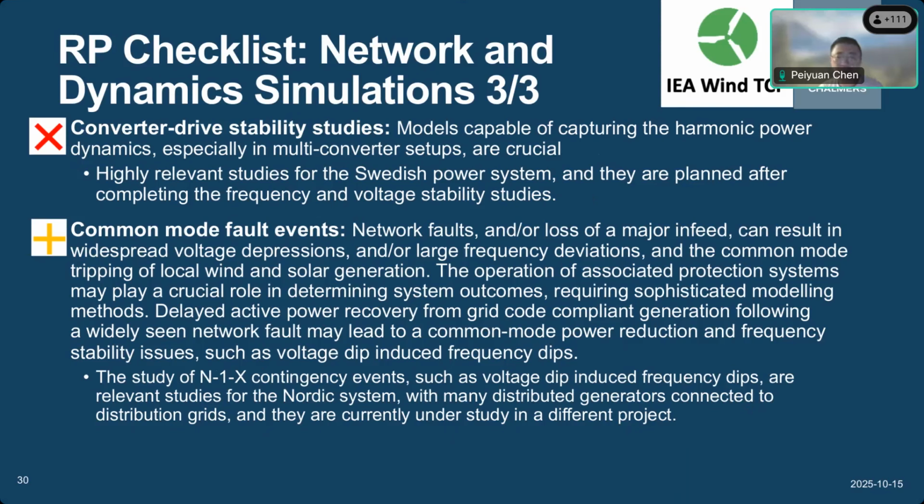And we have a lot of, for example, residential solar PV connected to the low voltage grid. There are usually not very strict grid code requirements on them compared to the large generators connected to the transmission system.